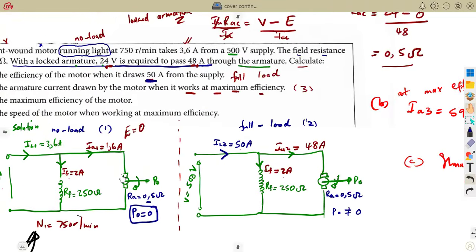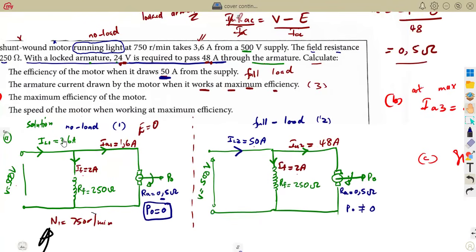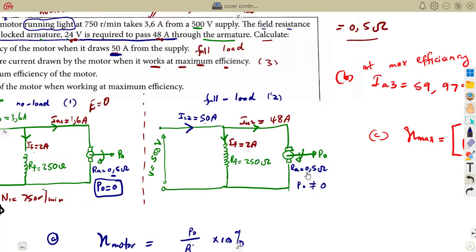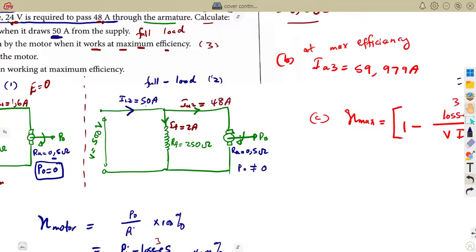Remember, you had these diagrams at no load and at full load. Nothing had changed in terms of the diagram, like the additional resistor or anything else. The field remained the same, the armature remained the same, only the currents changed. This is the exact thing that also happens here at maximum efficiency.